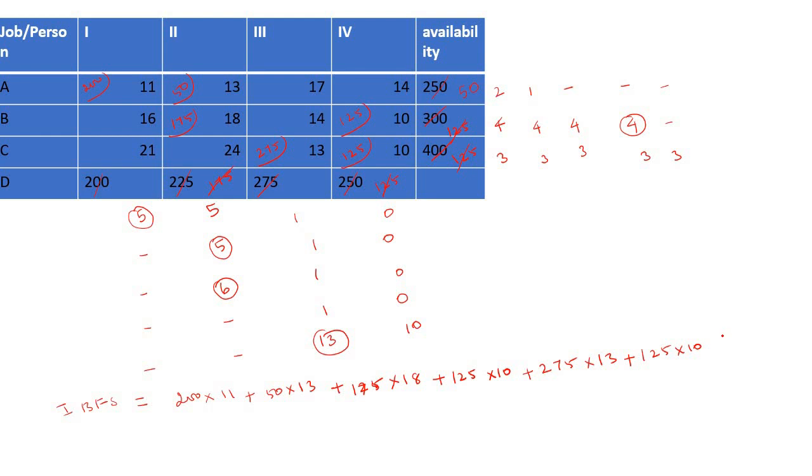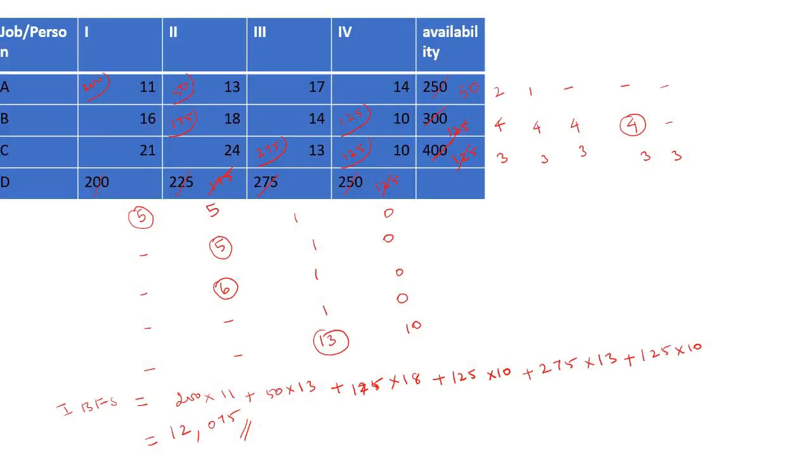So 6 terms are allocated, which is equal to 12,075. This is the initial basic feasible solution for the problem.